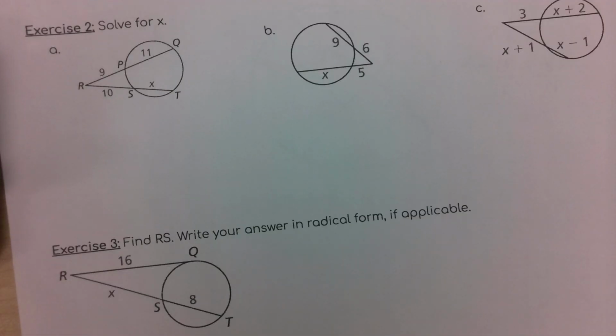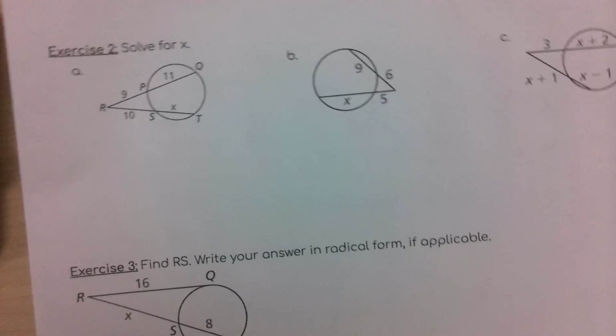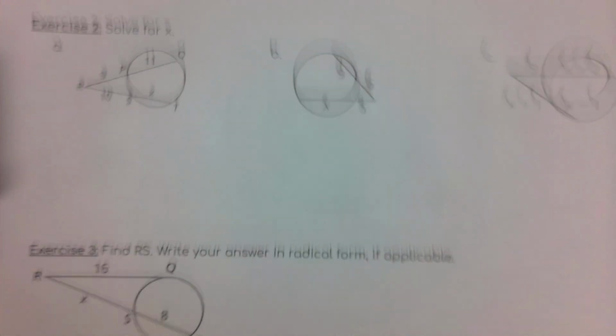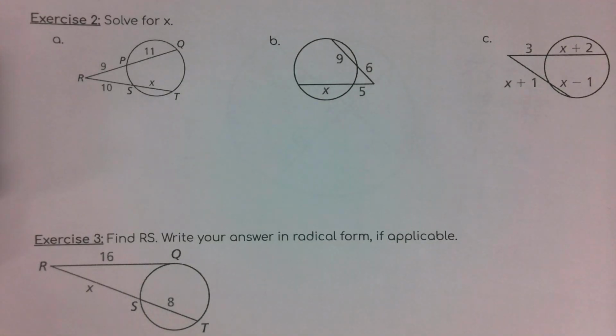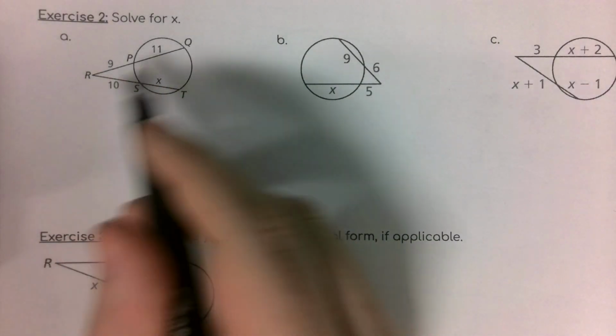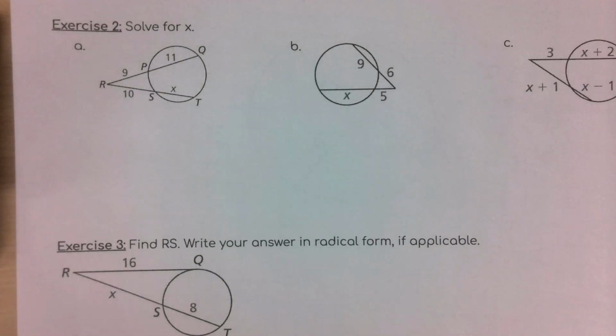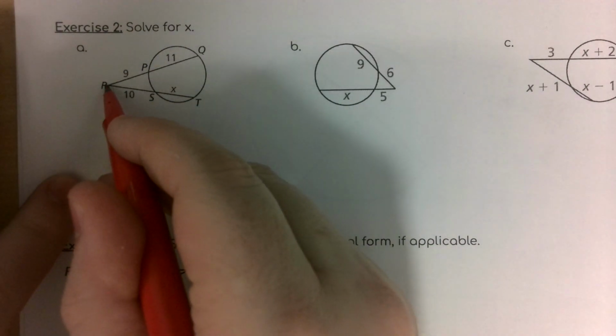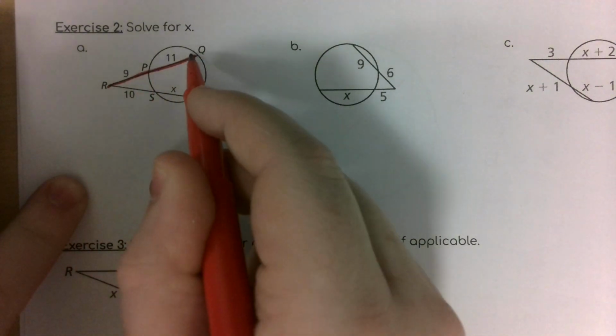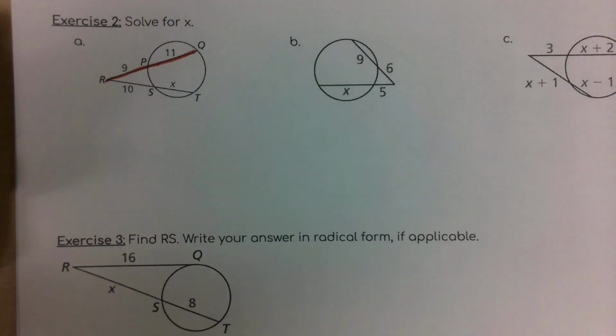Let's take a look at exercise 2. Let's just do part A together. In part A of exercise 2, no, I apologize, we'll do part A and part C. In exercise A, we see that we have two secant segments, RQ and RT. Well, the rule is that we can multiply an entire segment by its external part.